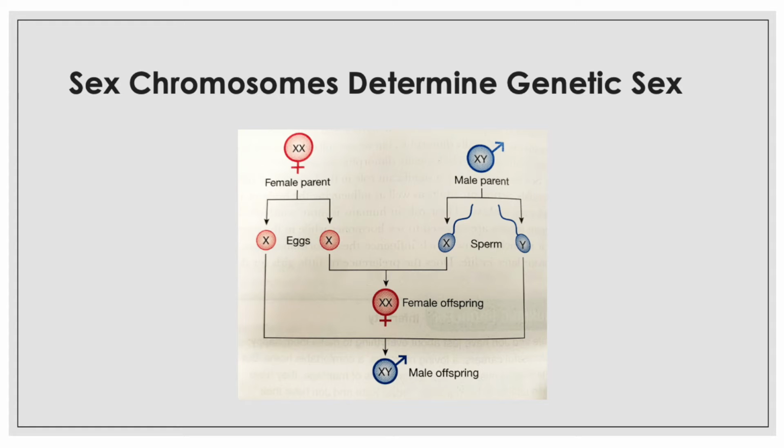You can see here that the X-labeled egg from the mother and the X-labeled sperm from the father create an XX female offspring. You can also see that an X-labeled egg and a Y-labeled sperm create an XY male offspring.